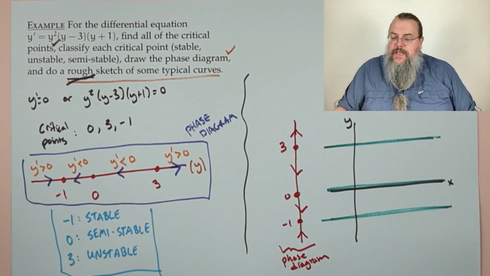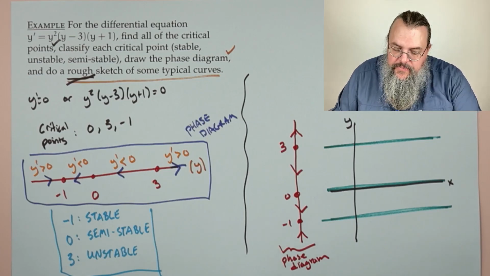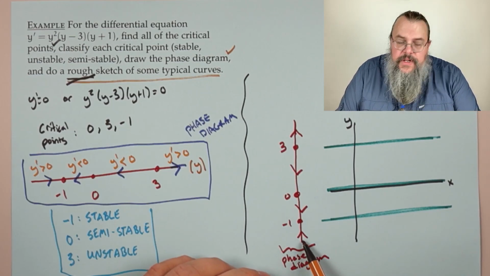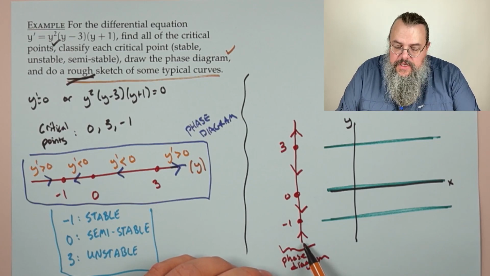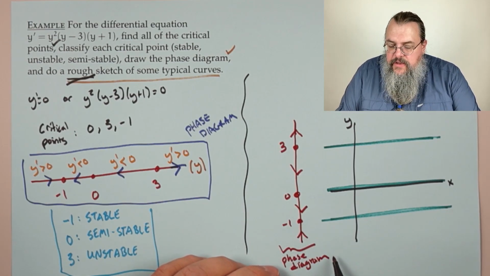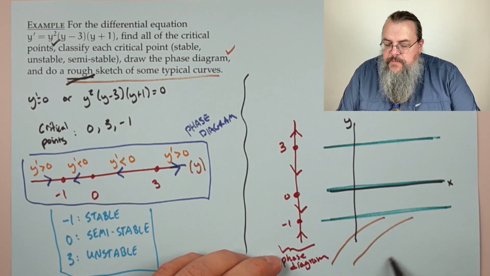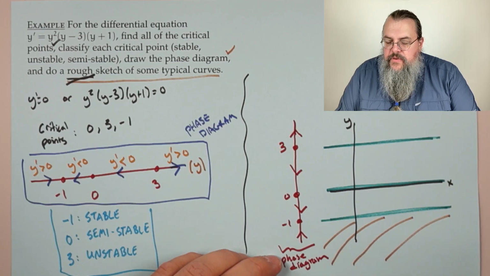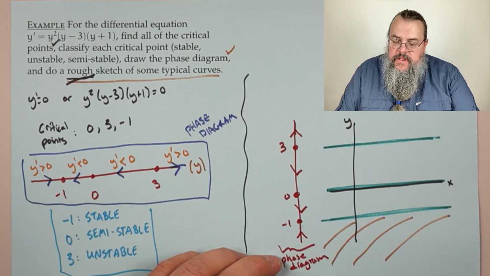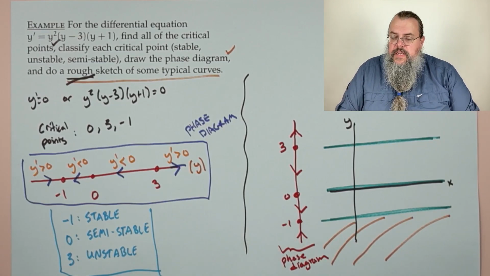Now, for any other curve, it's going to go in some way. So let's say I'm below -1. What should I be doing? I should be moving towards -1. So as I go from left to right, my curve should be moving up towards -1. So it should look something like that. All right, what about between 0 and -1?